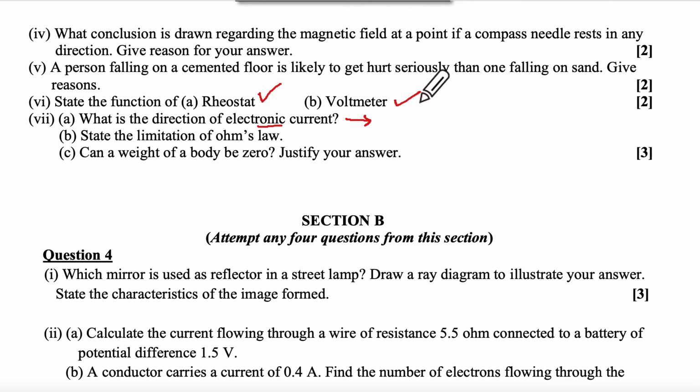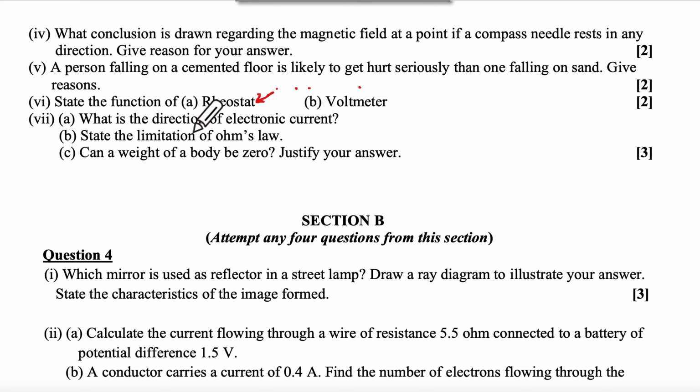Remember, I have told you all the questions on voltmeter, ammeter, how they are connected, differences between voltmeter and ammeter, correct? Rheostat is variable. So what does it do? By decreasing the resistance, we increase the current in the circuit and vice versa.